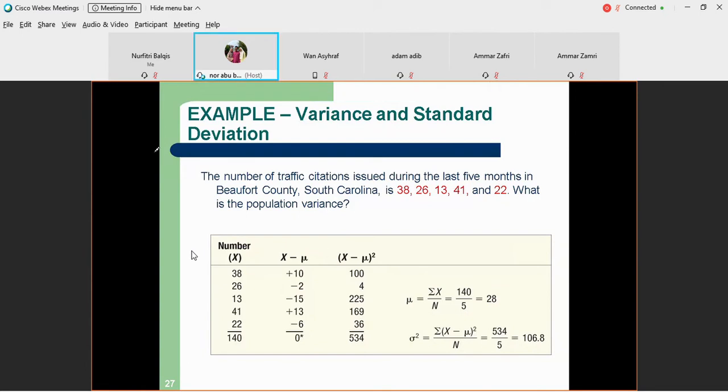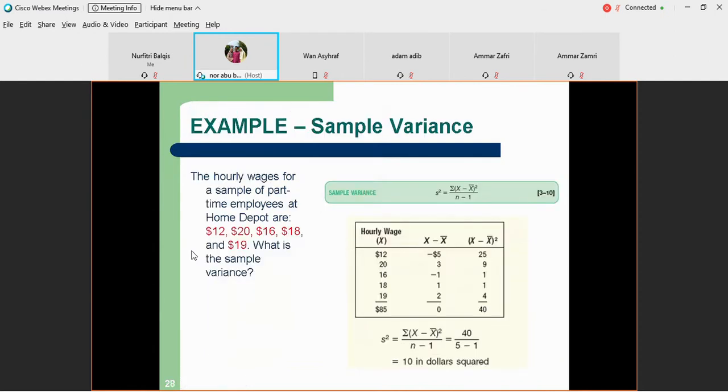Square root ni kan, tahu kan, punca kuasa 2 untuk dapat S, standard deviation. Alright? So, very easy, and you can use your calculator to find what is variance and also mean.